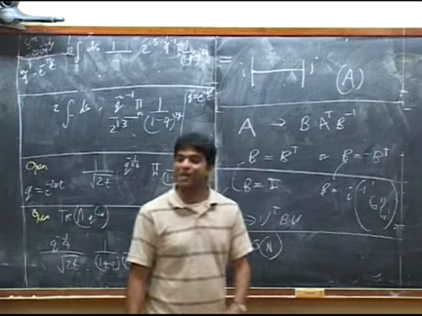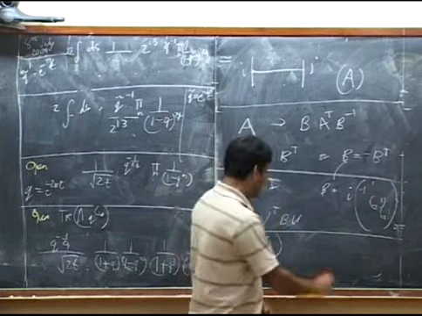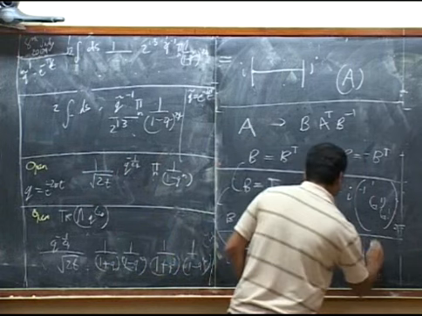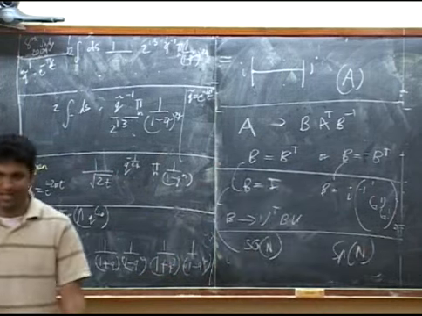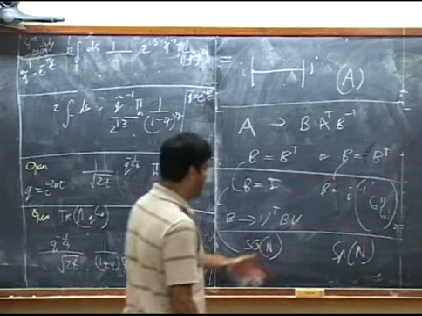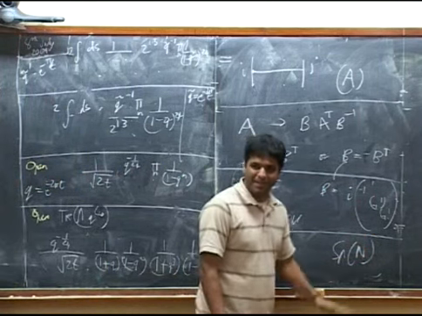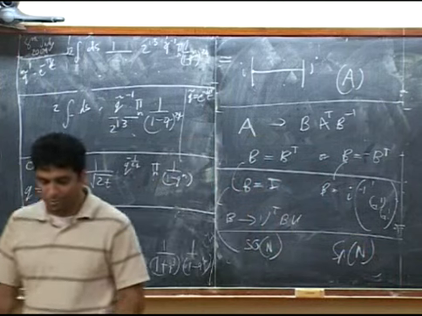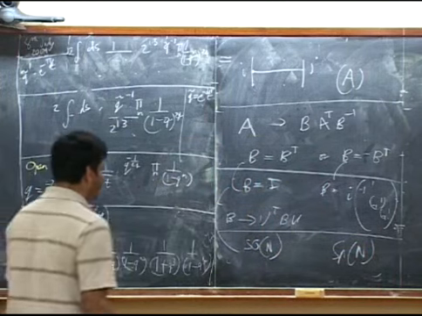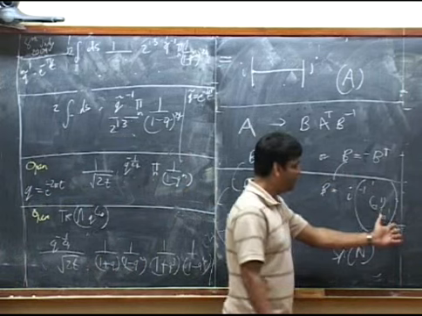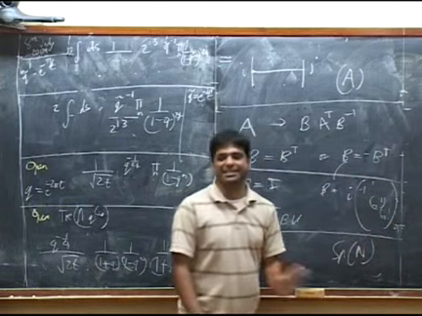Some people call it Sp(2N). There are different notations for the Sp groups depending on who writes them. But yes, these are n cross n matrices, and I'm calling that Sp(N).